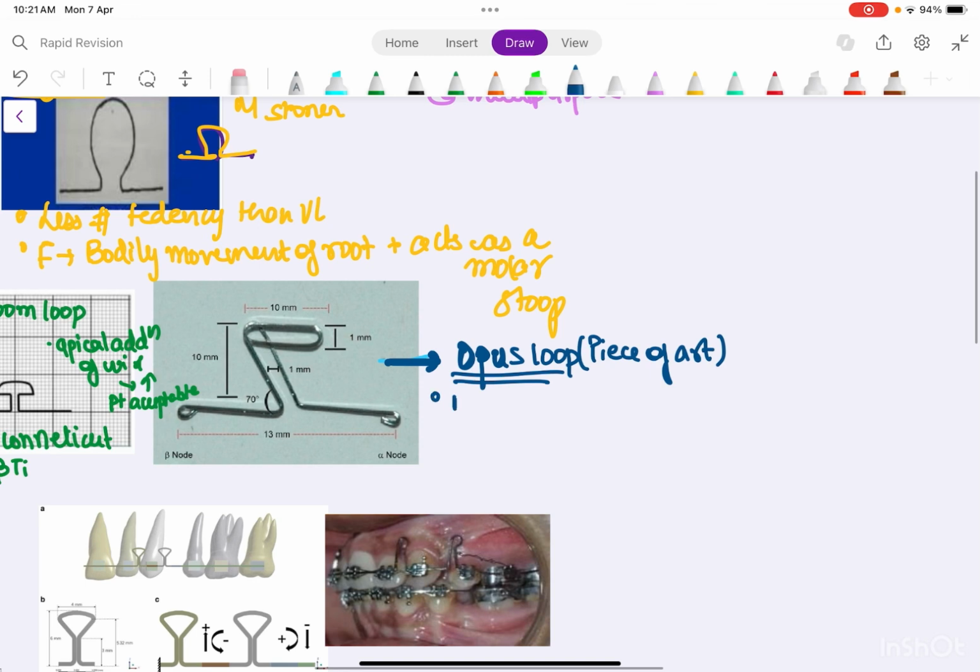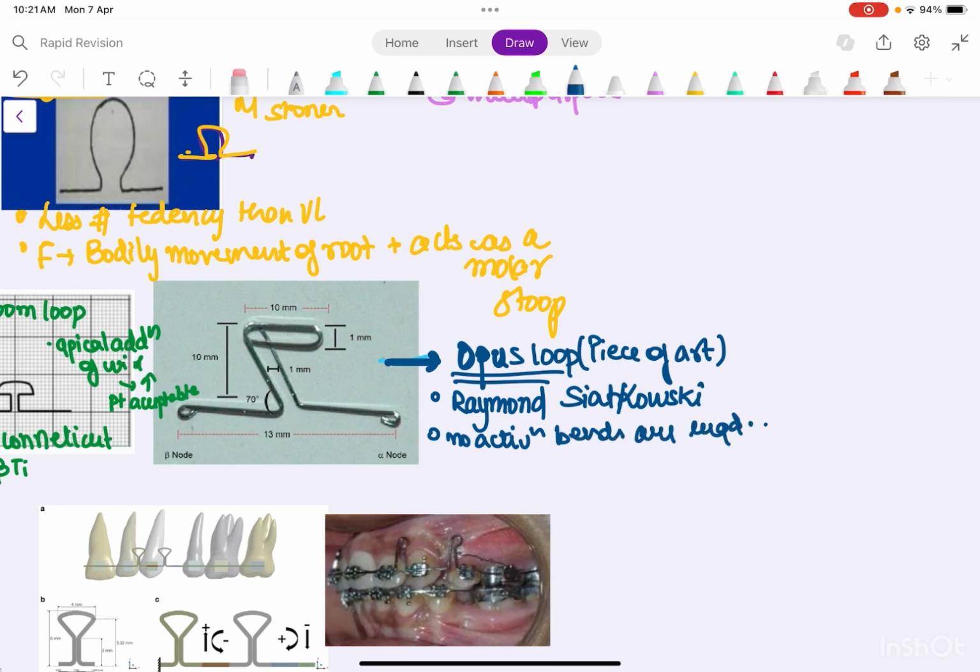Now this was given by Raymond Siatkowski. Now in this, no activation bends are required before insertion.